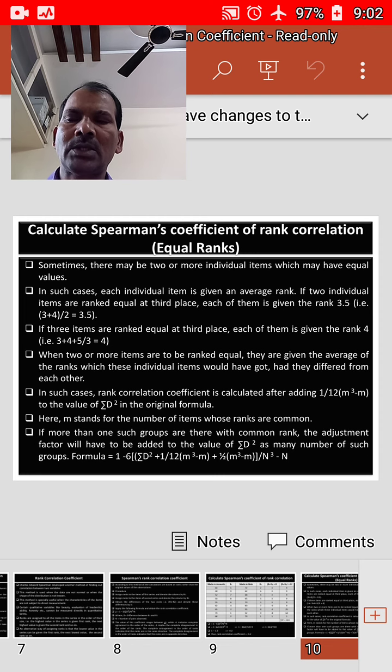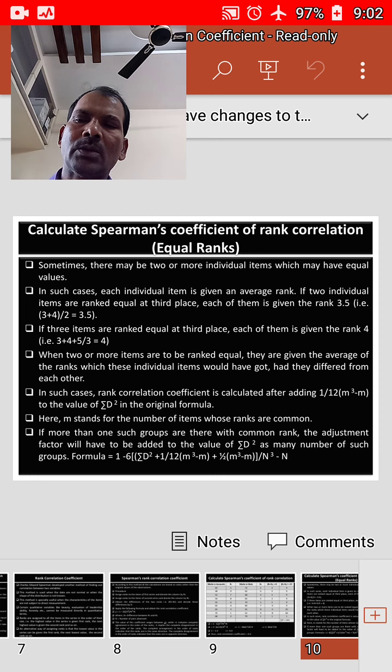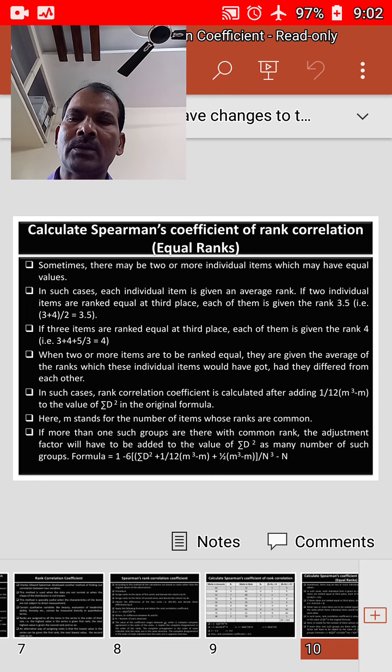In such cases, rank correlation coefficient is calculated after adding 1 by 12 into m cube minus m to the value of the sigma d square in the original formula. Here m stands for the number of items whose ranks are common.